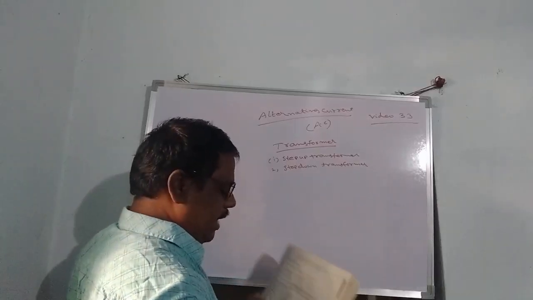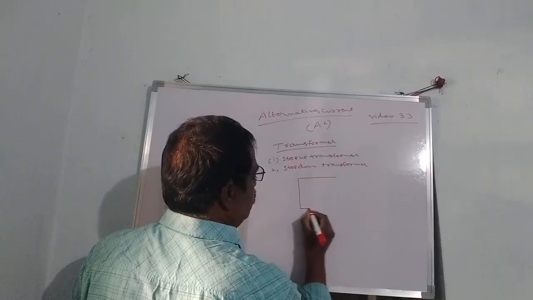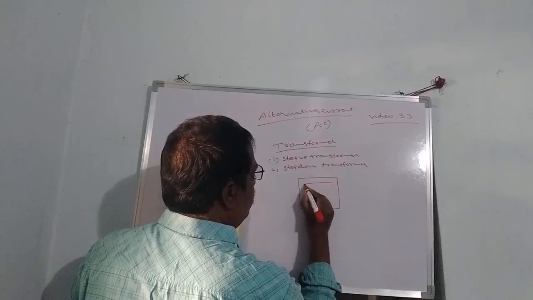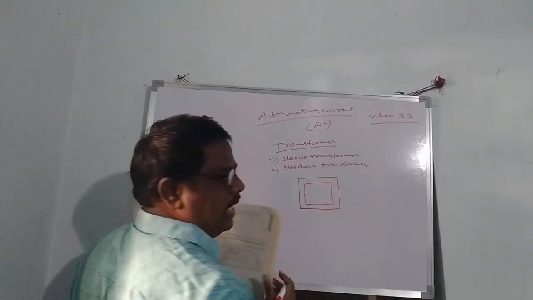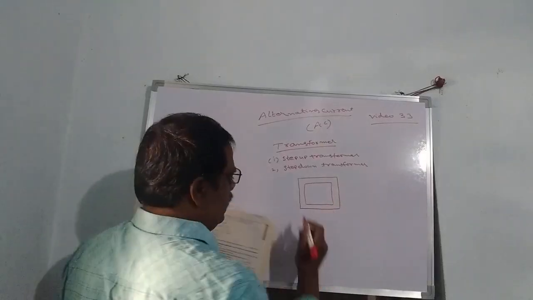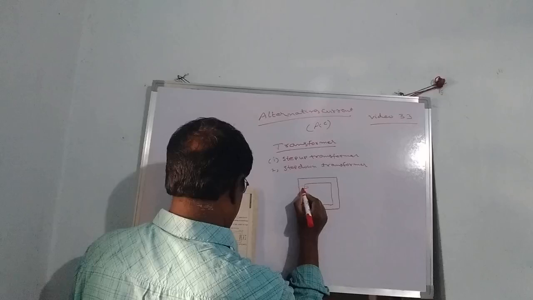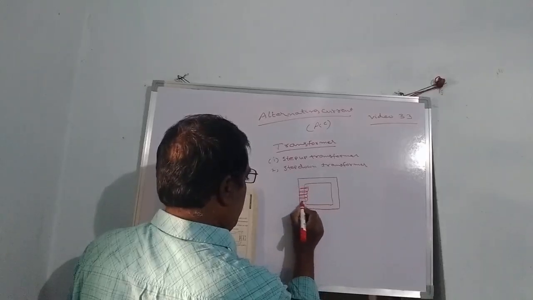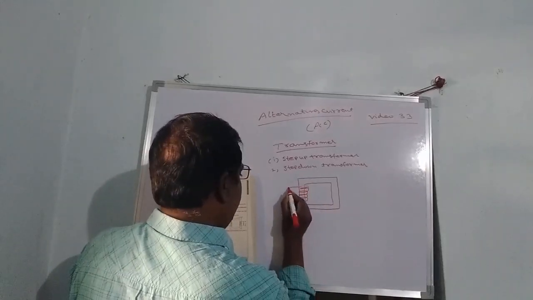So let's see the diagram of the transformer. What are the important parts in the transformer, we also have to learn. So this is the core, made with a number of thin rectangular metal plates. See the left side, it will be the primary coil.